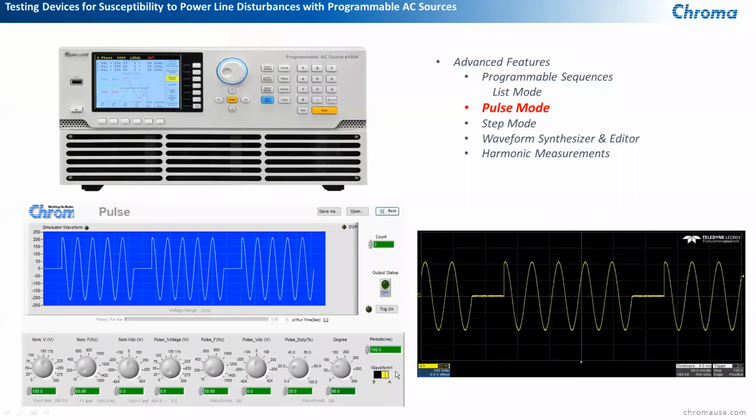And with that, you can save and store these internal in memory, and you can recall it manually from the front of the unit. And again, this can be set up manually on the unit, or you can do it through the software. I prefer the software because it gives you this nice graphical display of what you're doing while you're setting it up. And then again, you can see here an actual screenshot of the display of what we created.